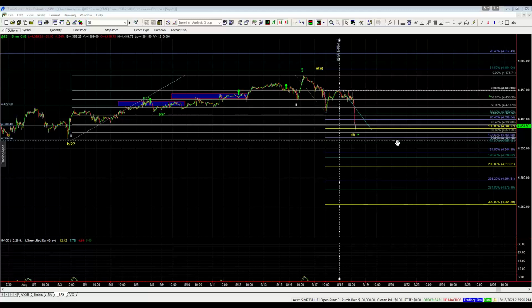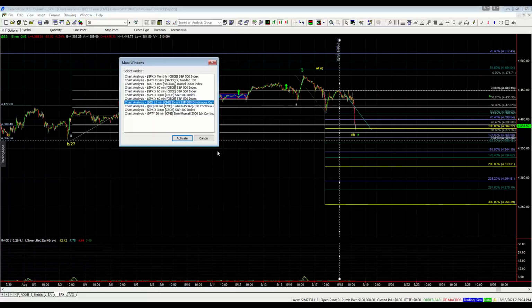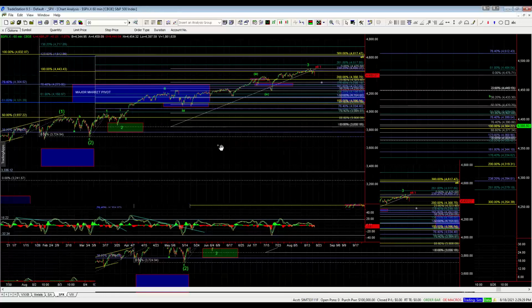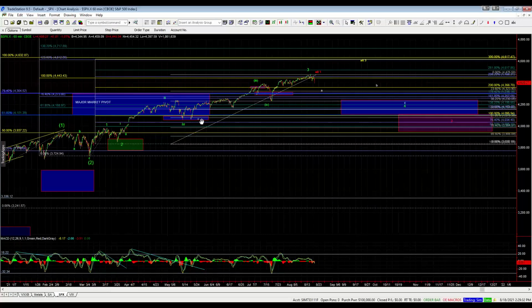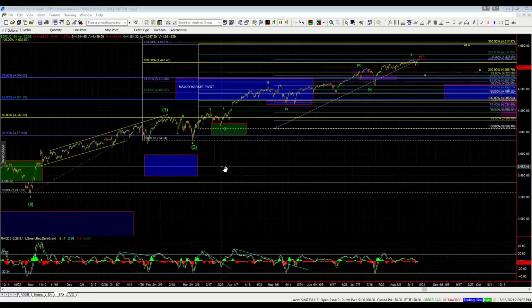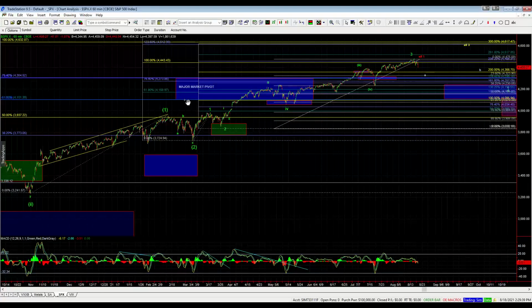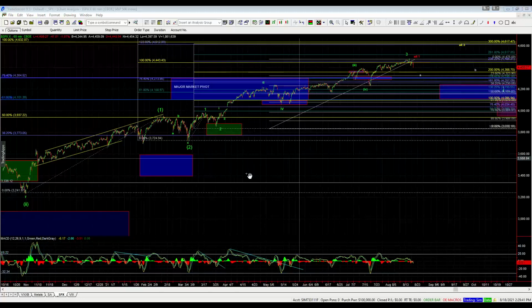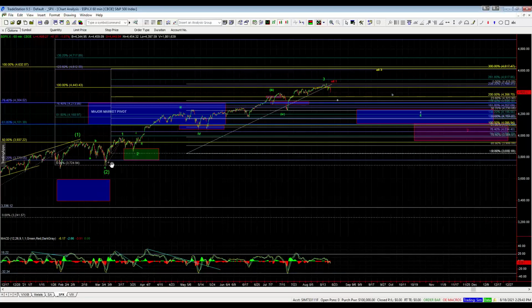Okay, so the other path that I am watching on the SPX, which is on my radar, it's hard to count it as a highly reliable path, but it's something I'm watching. Would be that we're dealing with a series of nested 1-2s off the lows. So we have that 1-2 here and then a 1-2 here. And then I can make the case that we have a full 5 up here, 1, 2, 3, 4, 5, counting this as a wave 1 of a larger nested pattern.